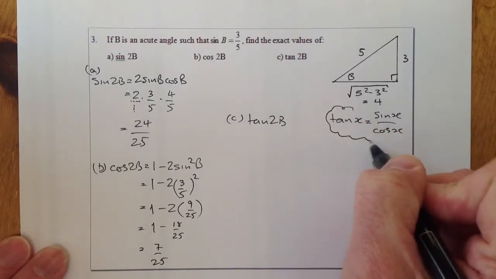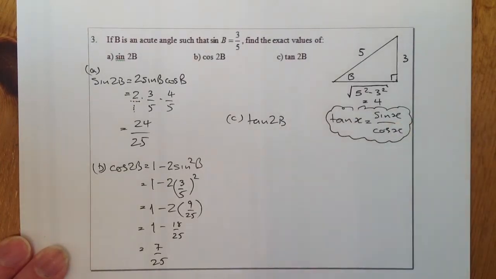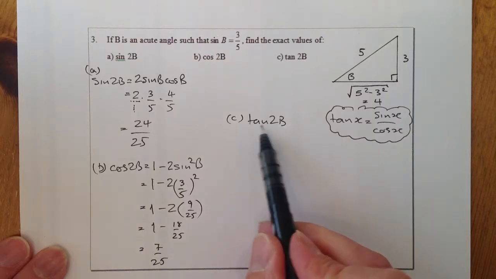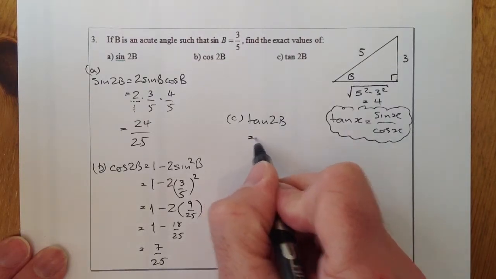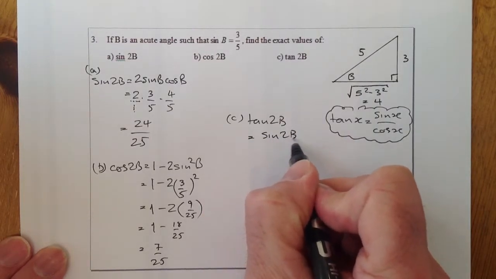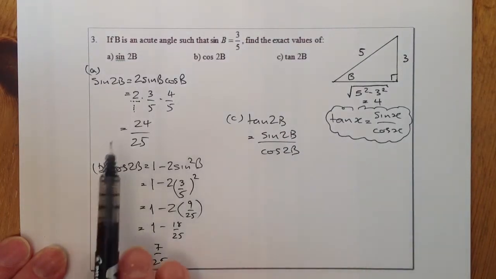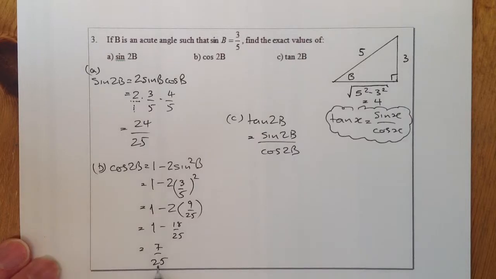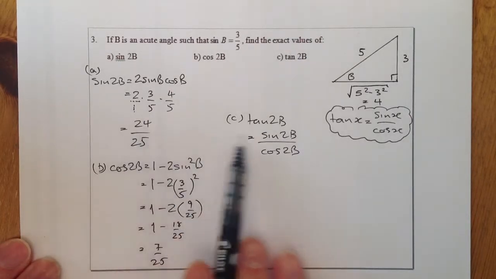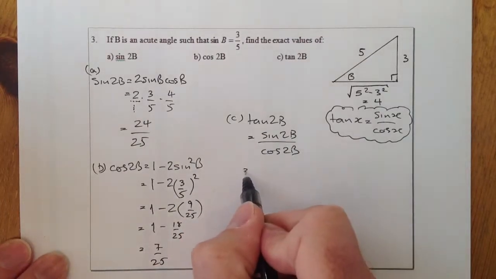That was one of the identities you learned the year before. So tan 2B is equal to sin 2B over cos 2B, and I've already worked out both, so I'll substitute these fractions in.